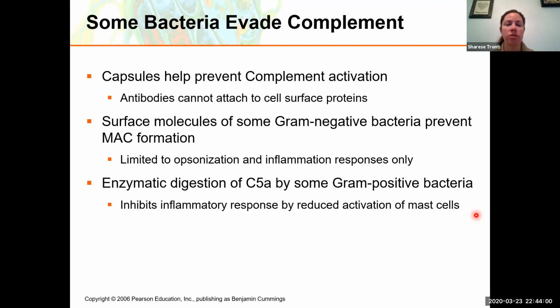So we have surface molecules that will block that membrane attack complex formation. And we also see other microbes can digest C5a. Remember, C5a was one of the proteins that's going to activate the inflammatory response of the mast cells.